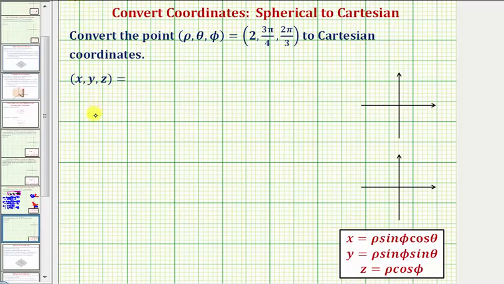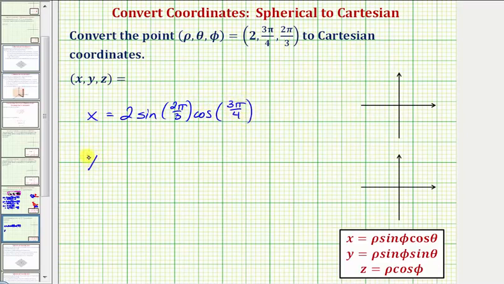So x is equal to ρ times sine φ times cosine θ, which should be 2 times sine 2π/3 times cosine 3π/4.